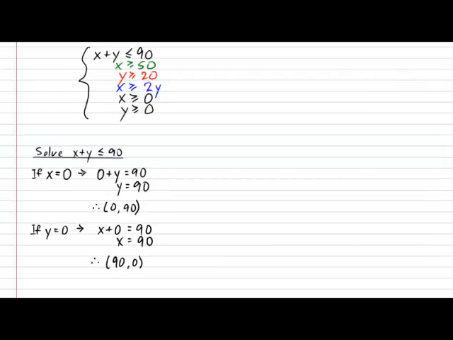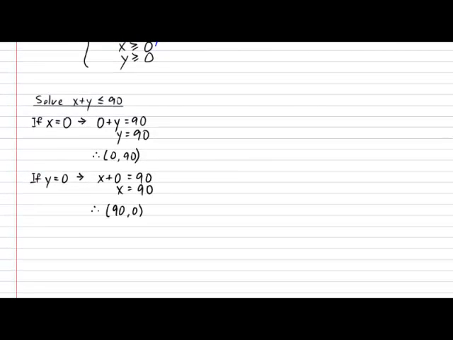And finally, let's test a completely random point on a Cartesian plane in order to determine where we should be shading. The point 0, 0 is not on this line, therefore it makes 0, 0 a very convenient test point. Regardless of whichever point you choose, you must let me know. So, I will be testing 0, 0.